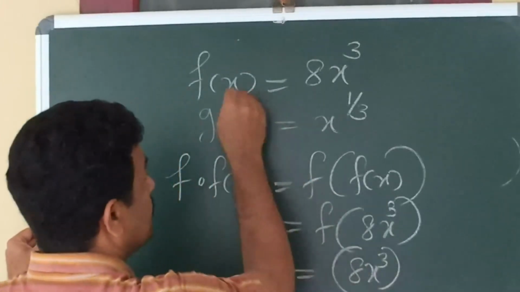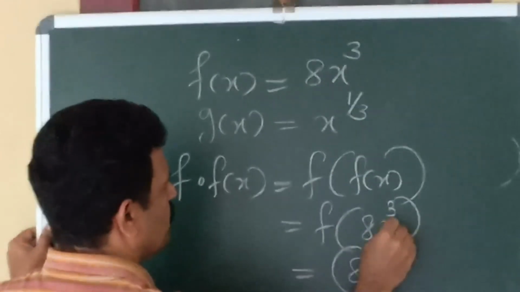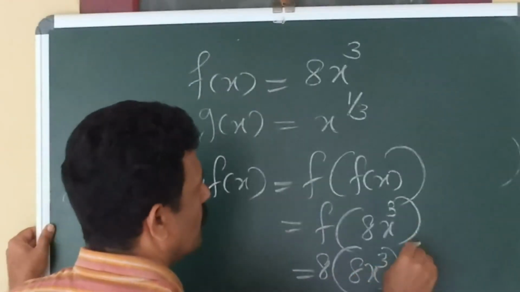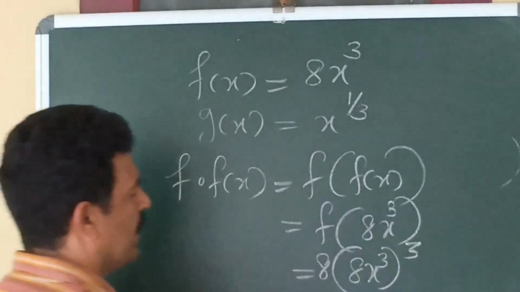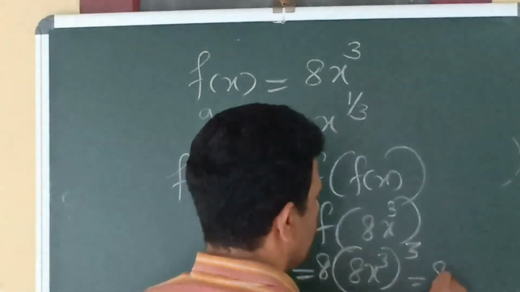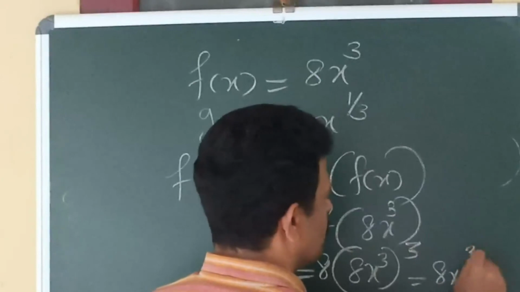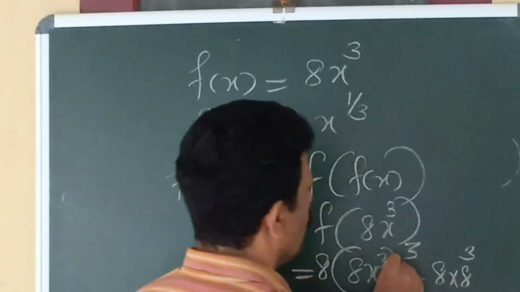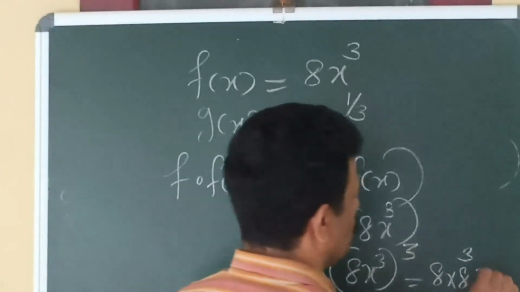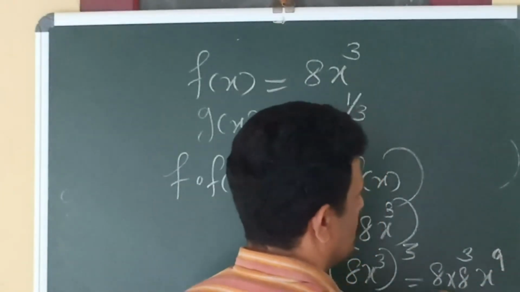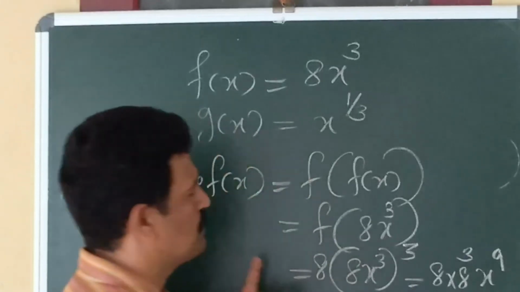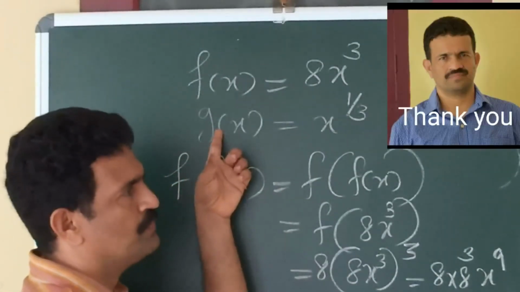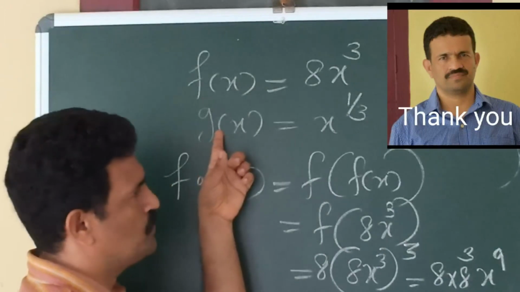F of x means 8x cube, f of this means 8 into 8x cube cubed. So we may get answer 8 into 8 cube into x raised to x cube means x raised to 9 is the answer. Okay, similarly we can find the g dot f, g dot g.